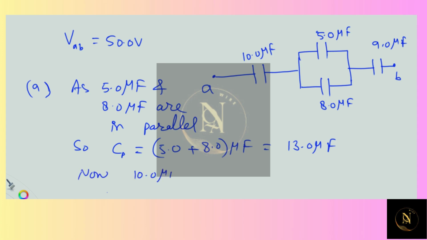Now 10.0 microfarad, this CP, and 9.0 microfarad all are in series combination. So their net capacitance CAB will be given by 1 by CAB is equal to 1 by 10 plus 1 by 13 for CP plus 1 by 9.